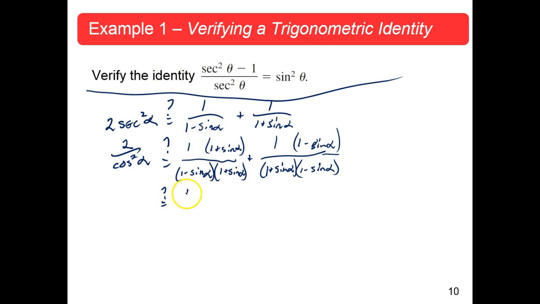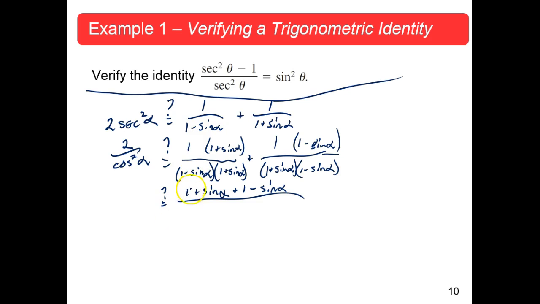Here you have 1 plus sine alpha plus 1 minus sine alpha. That's in your numerator. And what's in your denominator? Yeah, I think you said it at the very beginning.